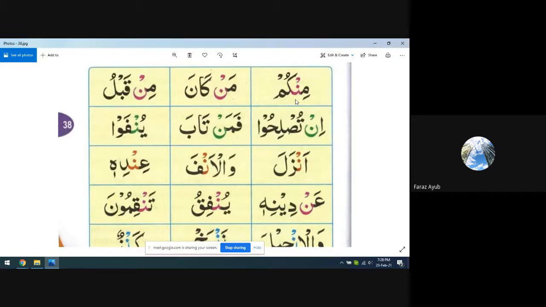So minkum become minkum, man kana become man kana. It's called gunna. So min qablu become min qablu, just like here. Wal anfa instead of wal anfa.